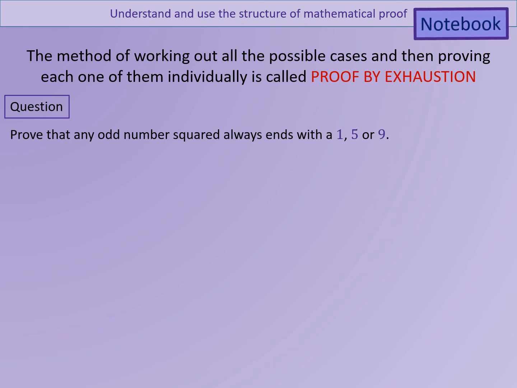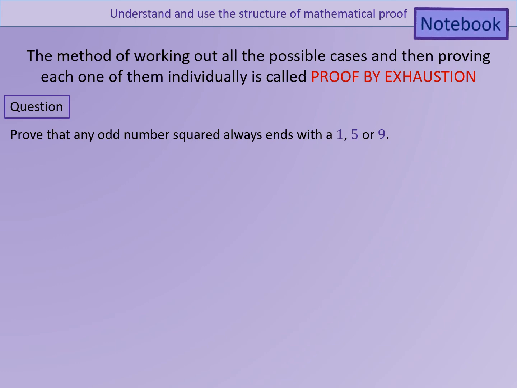Now, I'll take you back to GCSE and talk about the most common mistake that we would see on a GCSE paper, is that students try it for maybe a half a dozen to a dozen arbitrary odd numbers, and they prove that all of those values, when you square them, end in a 1, 5 or 9, and they think therefore that they have proved it for all, whereas of course they've only proven it for the ones that they've decided to use within the question.